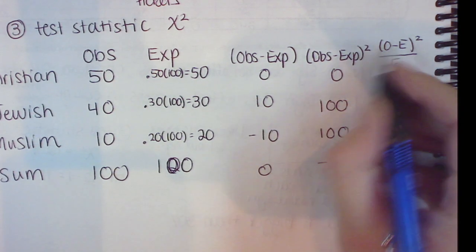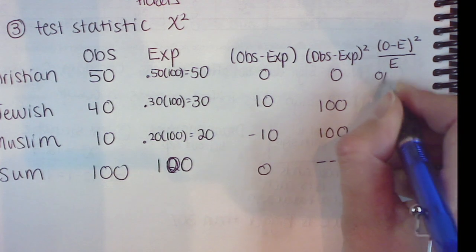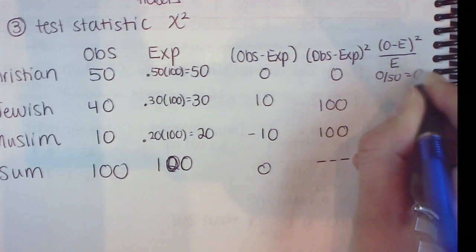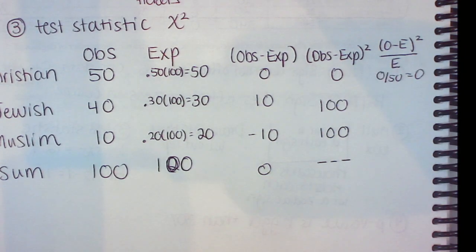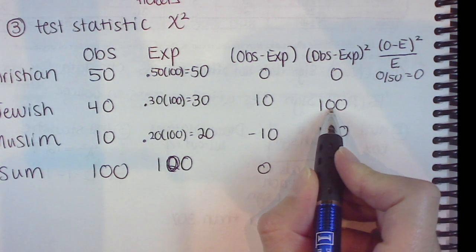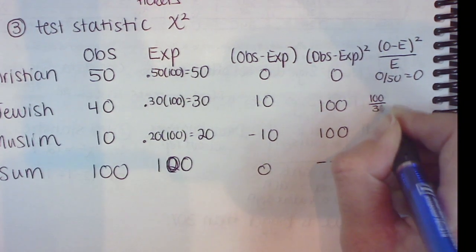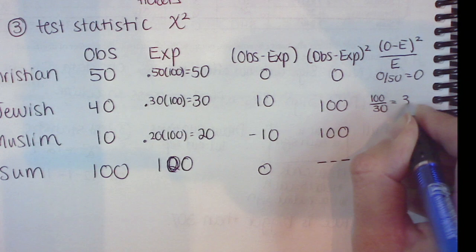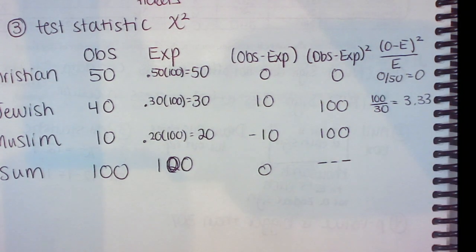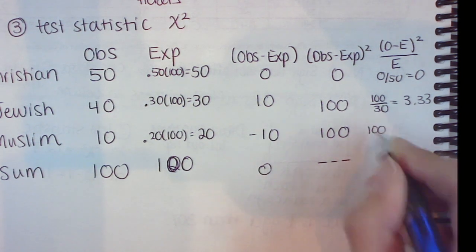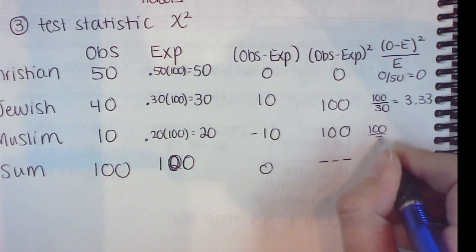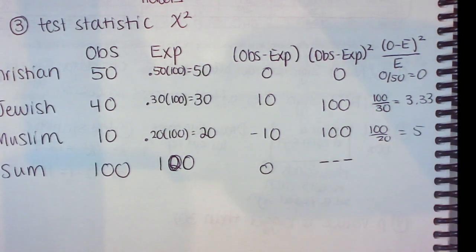So observed minus expected squared was 0, over the expected, which was 50. So 0 over 50 is 0. And then 100 is observed minus expected squared, over 30, which was my expected. So that's 3.33. And then here I have 100 over my expected, which was 20, which is 5.